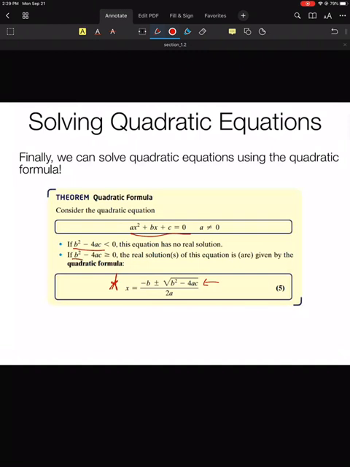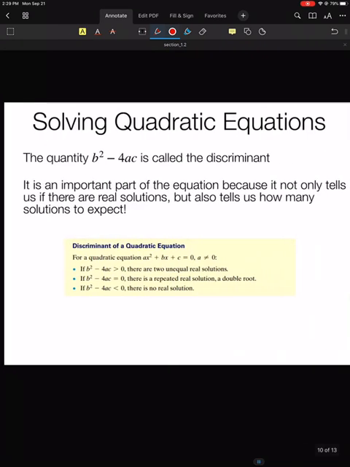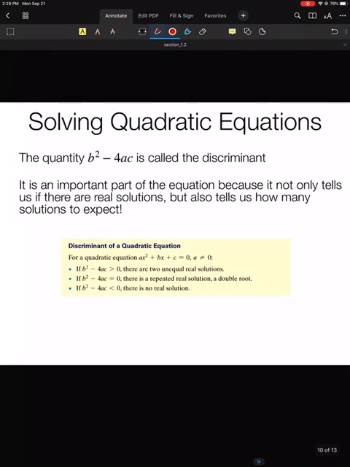If b squared minus 4ac is greater than or equal to 0, then the real solutions are given by this equation. That's important. And we'll dwell on this b squared minus 4ac business a little bit longer. B squared minus 4ac is called the discriminant.